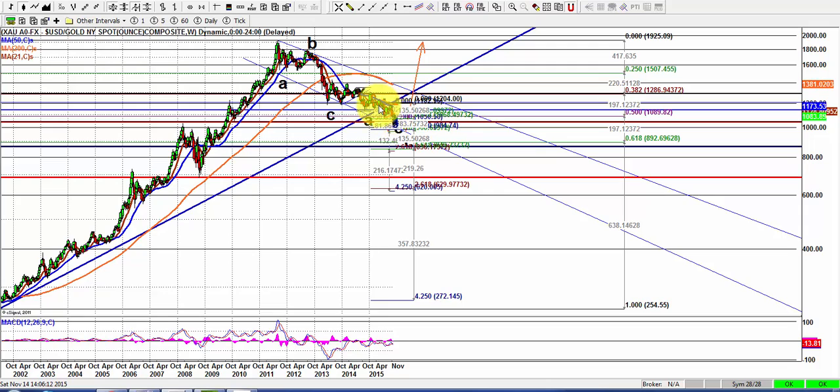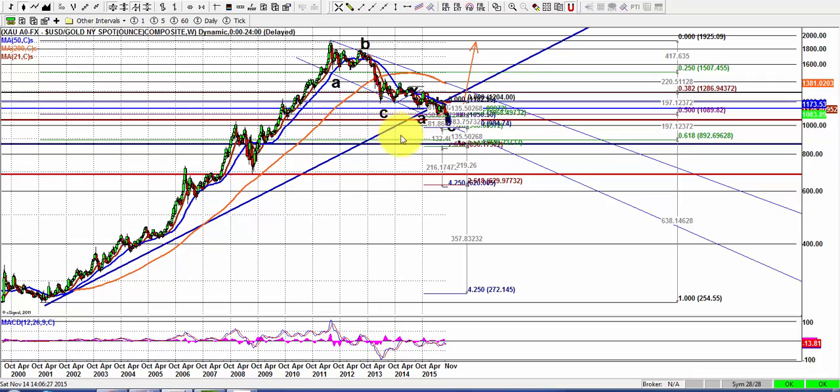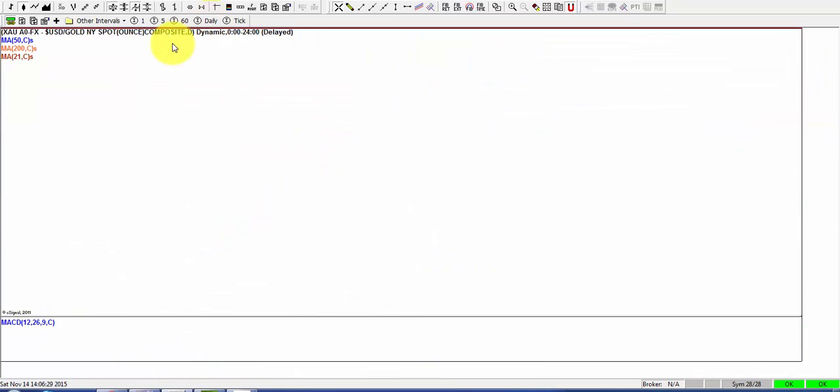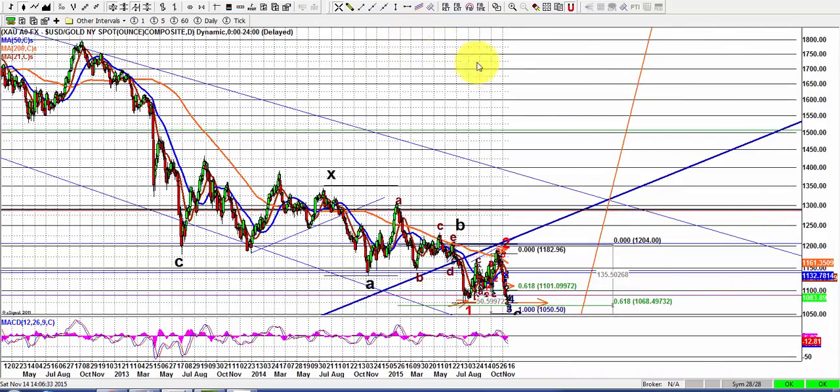And now let's see if we can actually pinpoint a cluster of meaningful projections of Fibonacci relationships that could help us to possibly put a figure or two. Let's go to the daily. It's not going to be easy, but I'll go step by step on that.